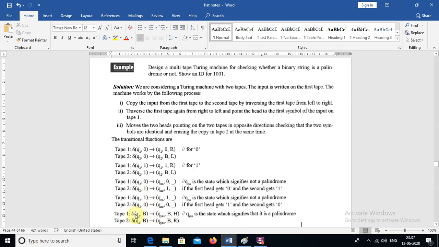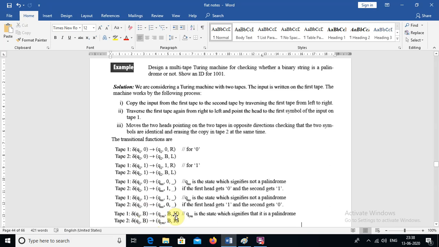Okay, so this is the transition functions for tape 1 and tape 2. So whenever you find a blank, you move it to the acceptance state, and then you can halt.